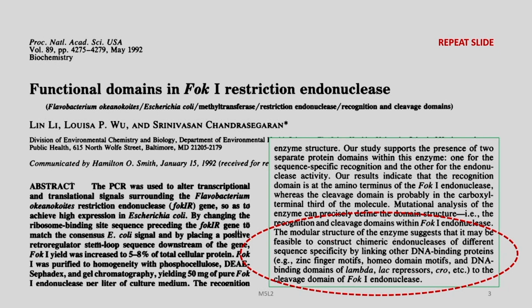The modular structure of the enzyme suggests that it may be feasible to construct chimeric endonucleases of different sequence specificities by linking other DNA binding proteins. This is something very remarkable, because you have a catalytic domain which is non-specific.